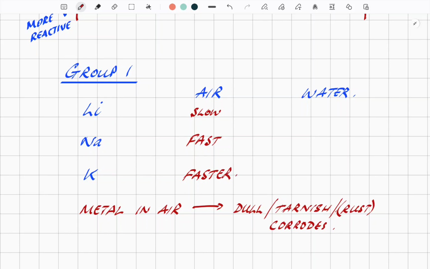So, potassium in air, looking at the same kind of trend. Any idea? Do you remember anything about it? No? All right. It reacts, this is the way we should say it, I suppose. These ones are more violent. So this one I'll say violent even, meaning it ignites. It basically starts burning on its own.